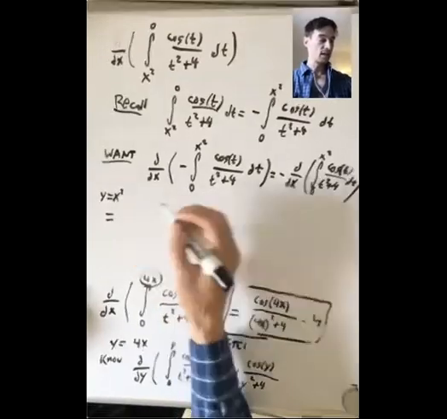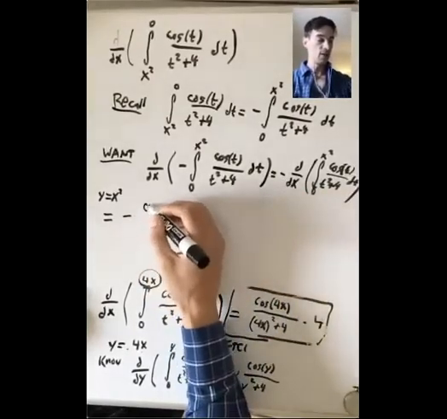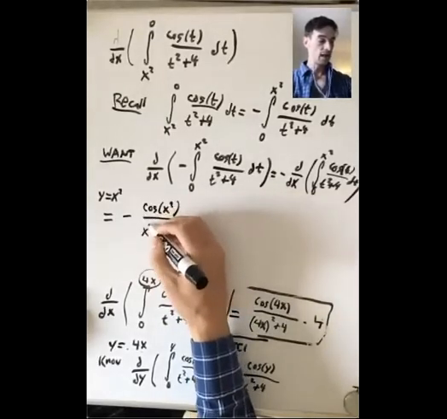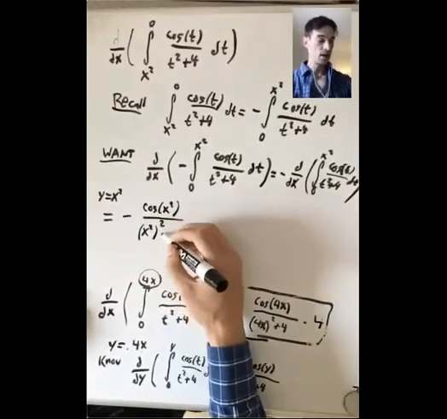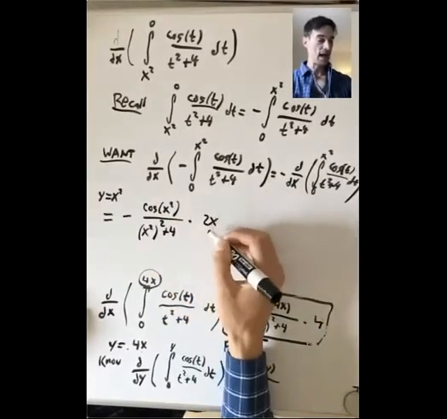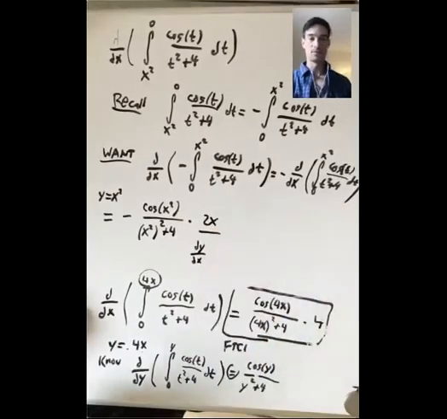Keeping in mind the negative sign, we get negative cosine of x squared over x squared squared plus 4, times 2x. This is our dy dx term.